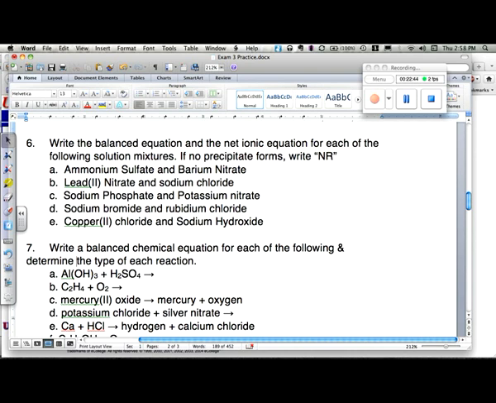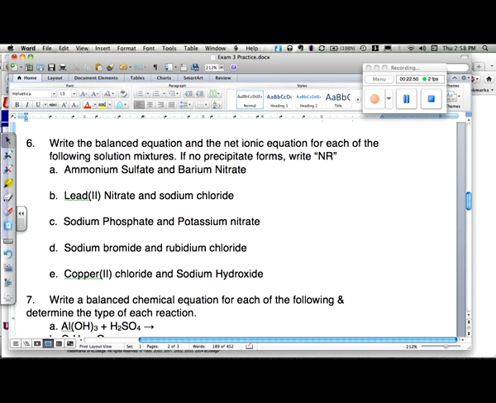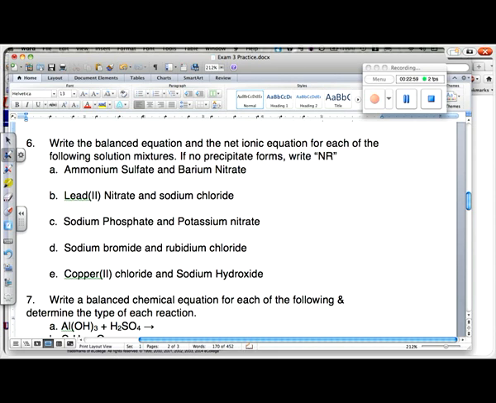Let me remind you that if no precipitate forms, then you have the same 4 ions floating around in the solution that you had before, because all of these reactants are soluble. Okay, so the first thing we want to do is look to see, is ammonium nitrate soluble? Yes, it is, but barium sulfate, if you check your solubility rules, is not. So a reaction happens in A.